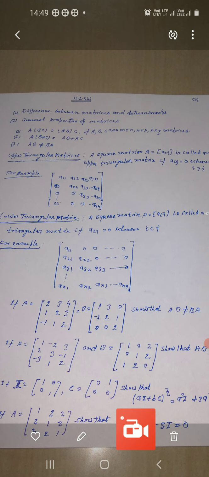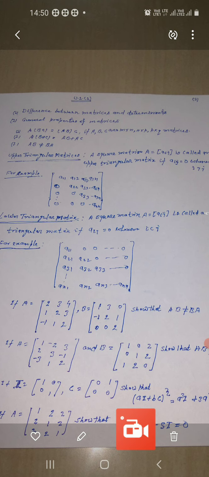In second row, A21, A22, 0, 0, 0, and so on. In third row, A31, A32, A33, and so on, 0. And in last row, An1, An2, An3, and so on, Ann. This is the example of lower triangular matrices, and you see the basic difference between upper and lower triangular matrices by example.